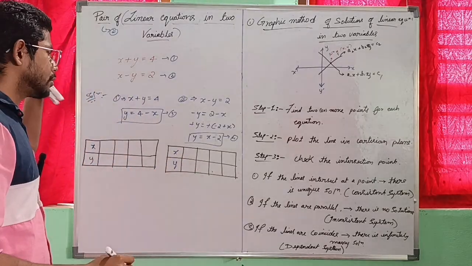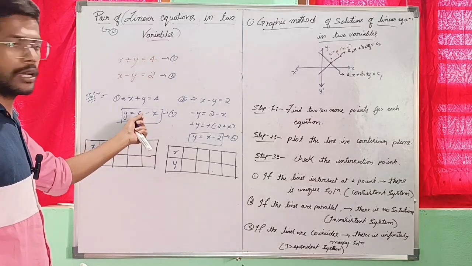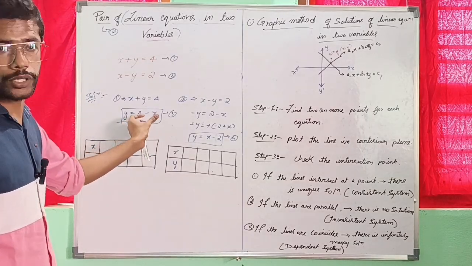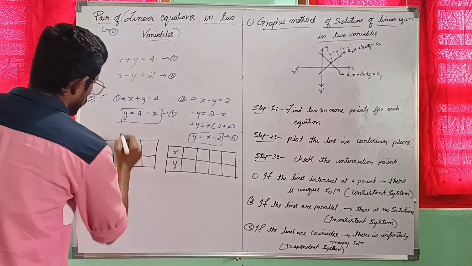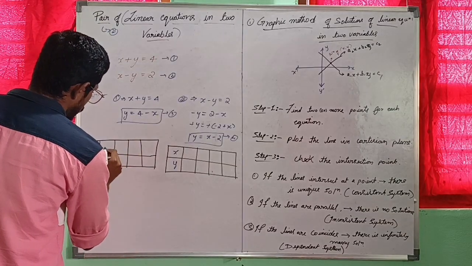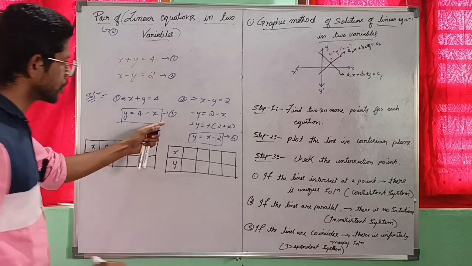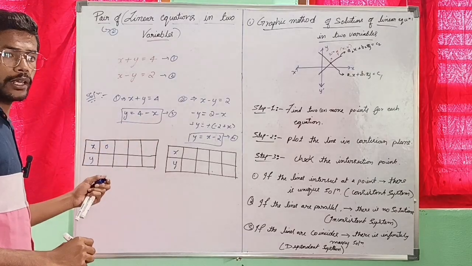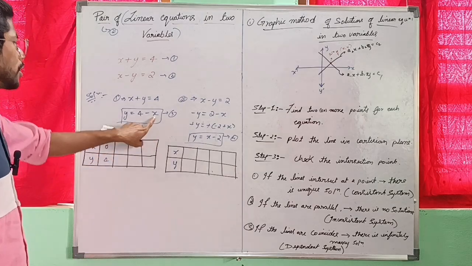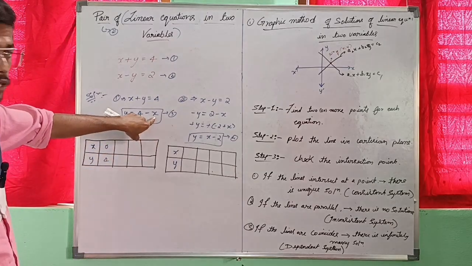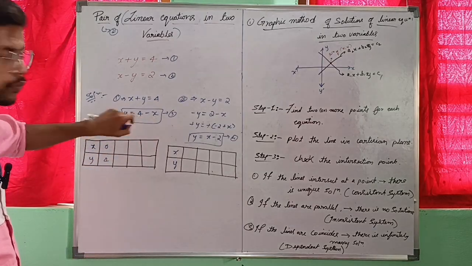When I take x is equal to 0 in equation 3, what is y? y is equal to 4, right? This x will become 0, so we get y is equal to 4.